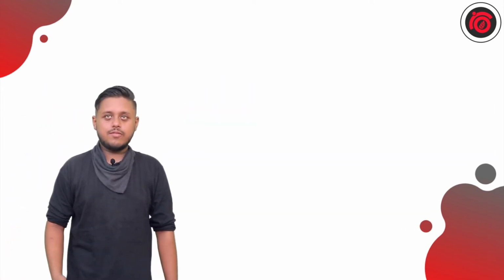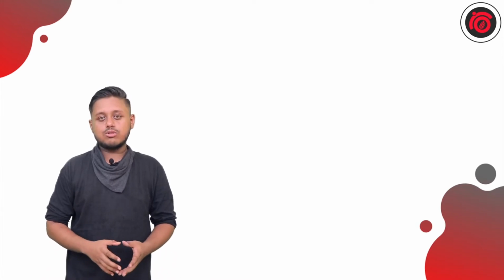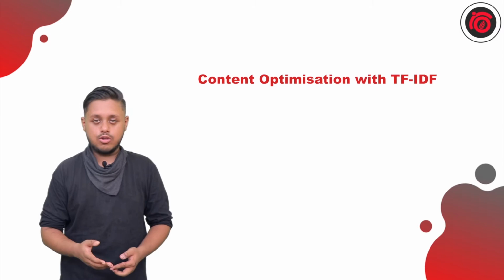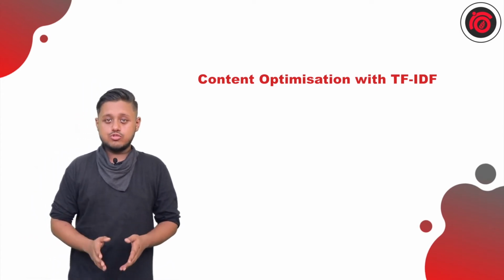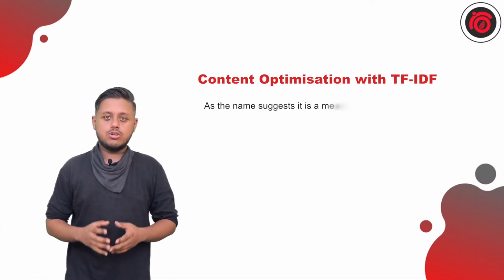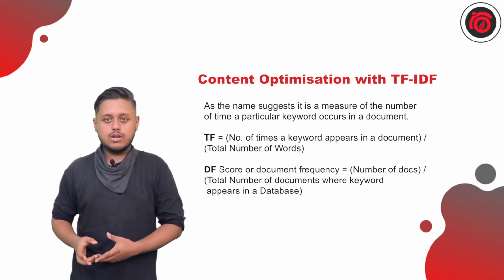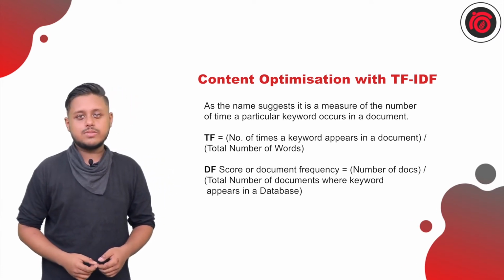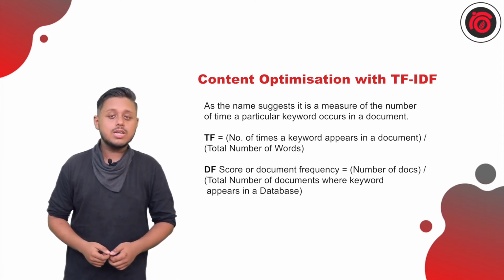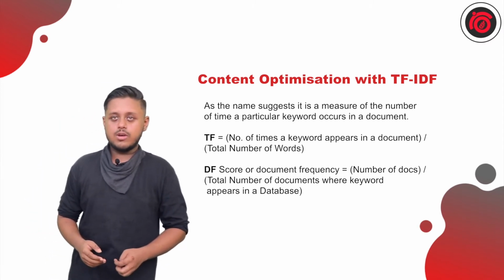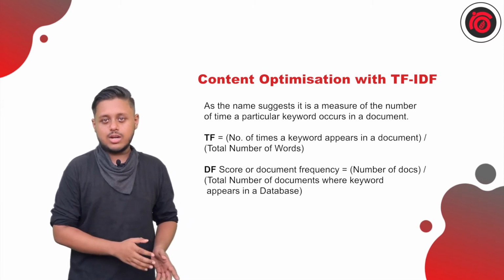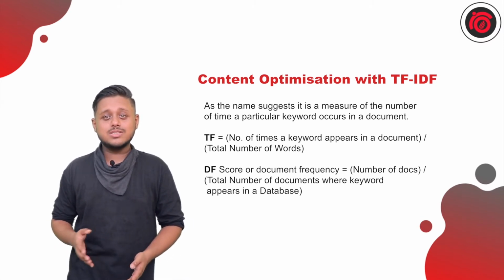So what is TF? First of all, TF is a ratio of the number of times the keyword appears inside the document, and by document I mean a page on your website, to the total number of words used in your document. So it is kind of a ratio. Next, we have to understand what IDF is. Before we go into IDF, let's first understand what a DF score is. The DF score is a ratio of the number of documents which contain your target keyword to the total number of documents present on your website.